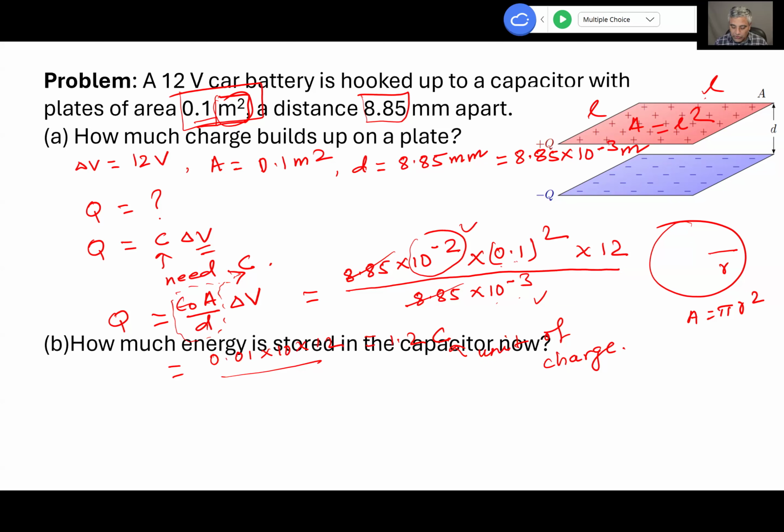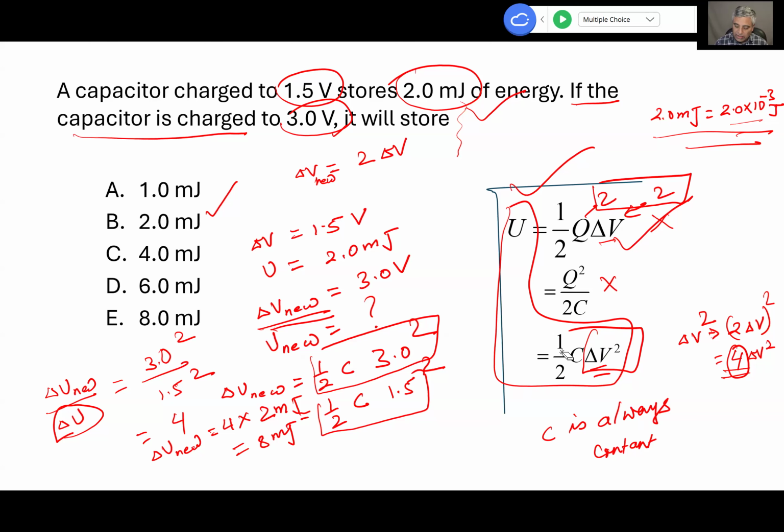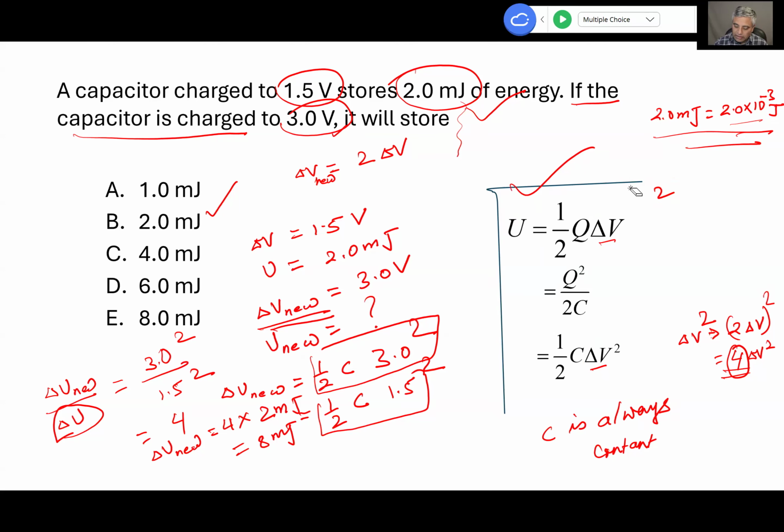How much energy is stored in the capacitor now? Okay, so U is what? So in this case, we have Q, we have delta V. So we can use actually any one of those three equations we had here. Okay, we can use any one of those because we just calculated Q and we have delta V. So you can use that or use that Q squared over C. Oh, we need to calculate C for that, or use this.